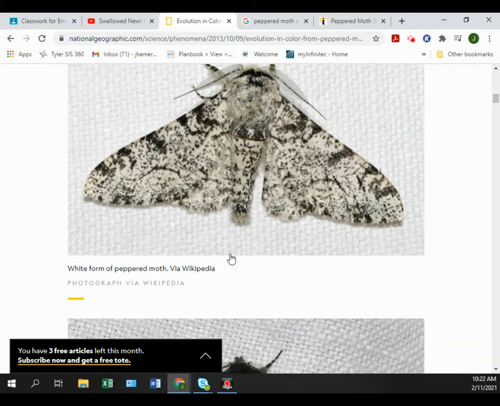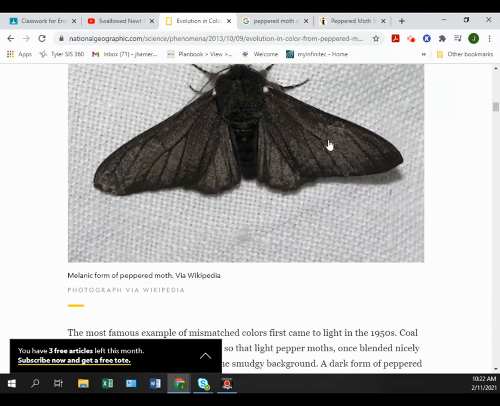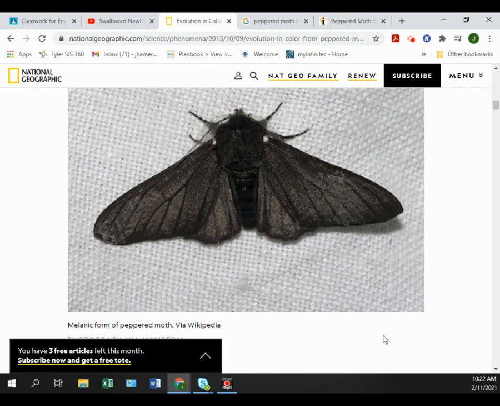And over generations, the peppered moth evolved to be more like this, a much darker version of it. So that's natural selection, because environmental factors change the genetic traits of a species over time.